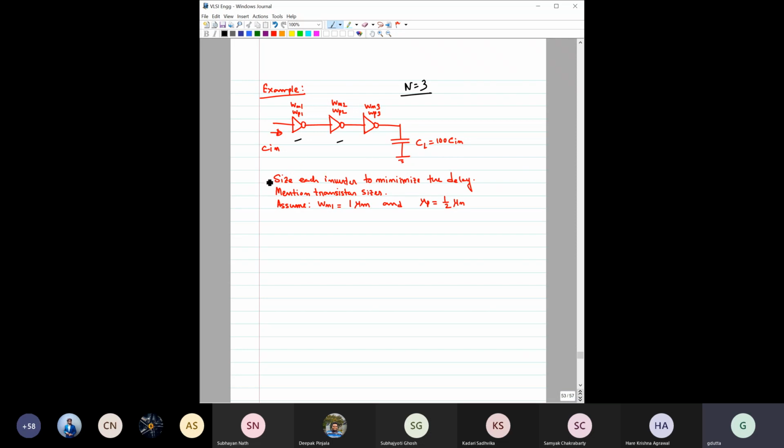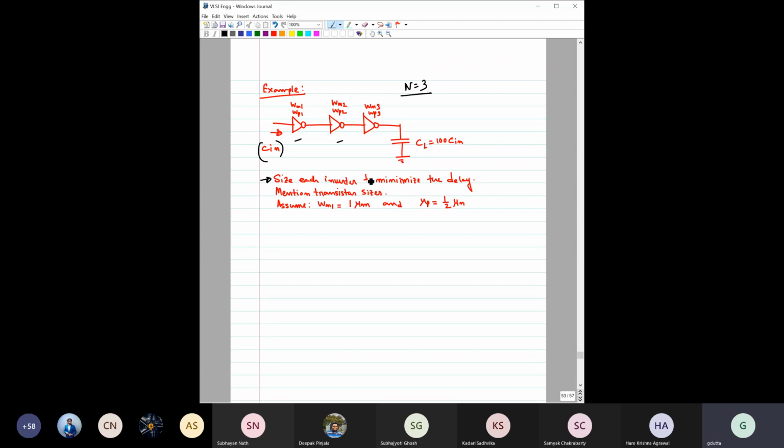In this question it has been asked to size each inverter to minimize the delay. So you have to size these inverters, meaning you have to find the F. For the C in we cannot make any change, because this is the initial stage and the capacitance is fixed here. From the next stage onwards we can do that.